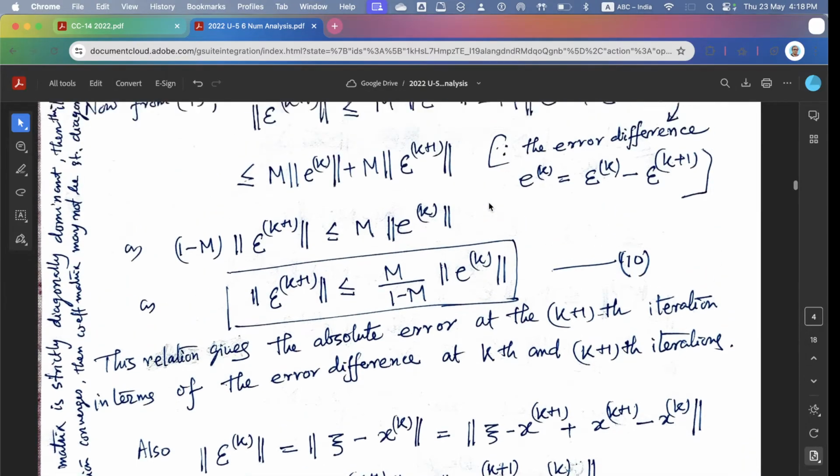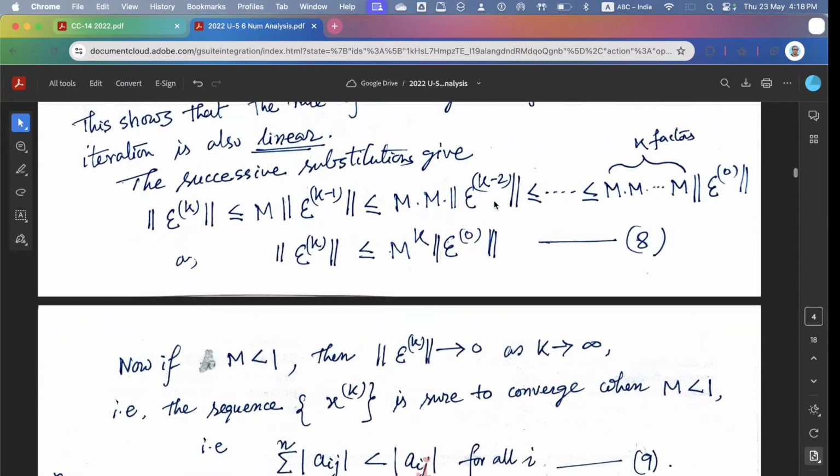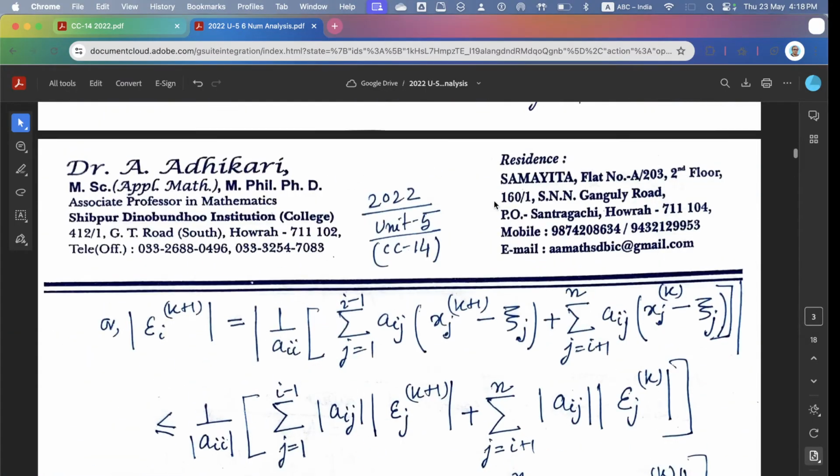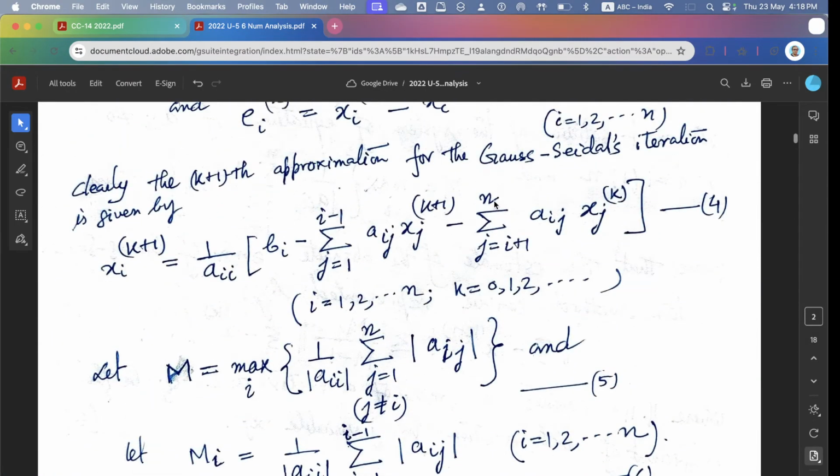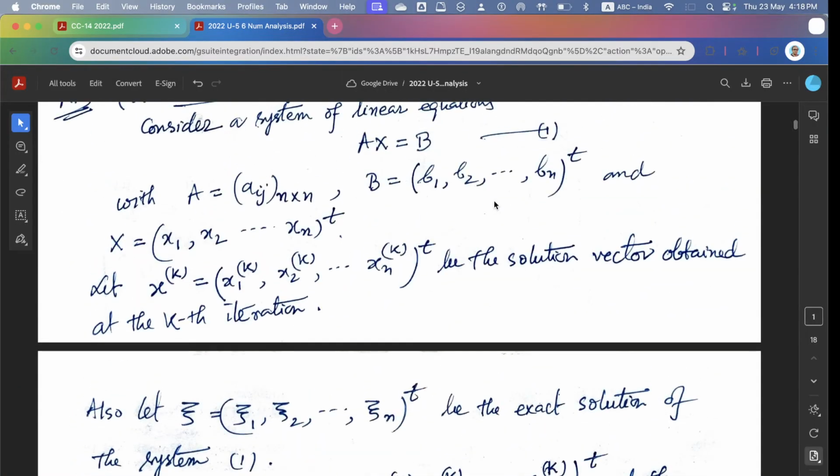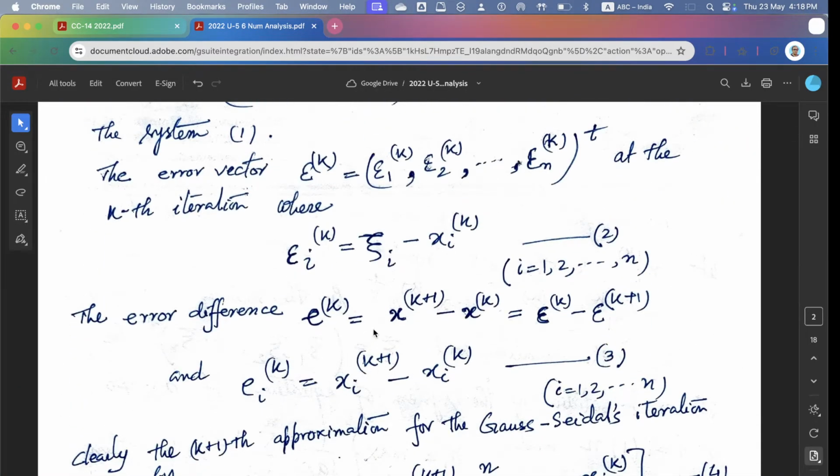Ek means xk plus 1 minus xk. We already defined the error difference here. Ek is the value of x at the k plus 1 iteration minus the value of x at the k iteration.